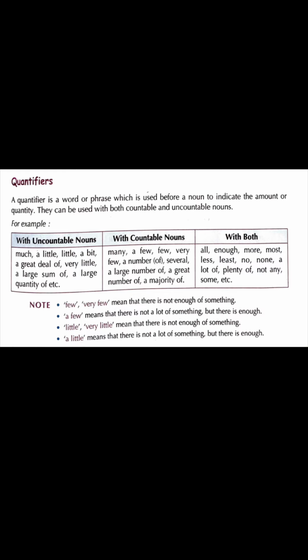A few means that there is not a lot of something, but there is enough. Whereas when we say little or very little, we mean that there is not enough of something. And the same way, a little means that there is not a lot of something, but there is enough.